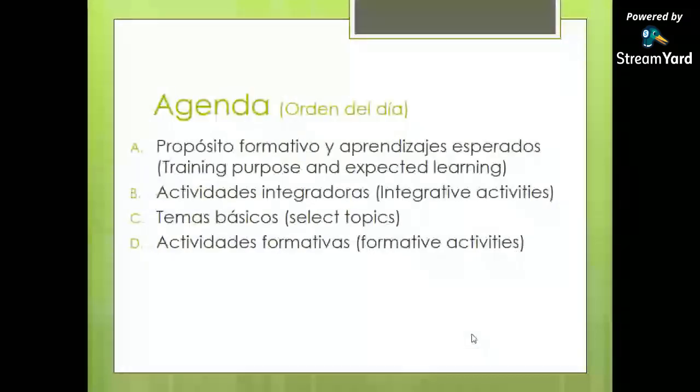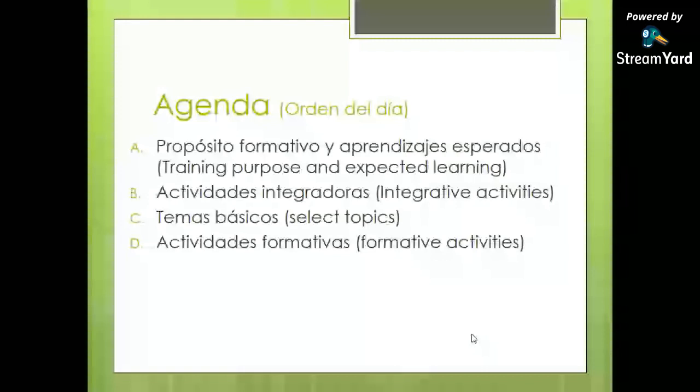First, we are going to see the training purpose and expected learning. Also, we are talking about the integrative activities, some particular instructions that are very important that you follow in order to get the better evaluation here.